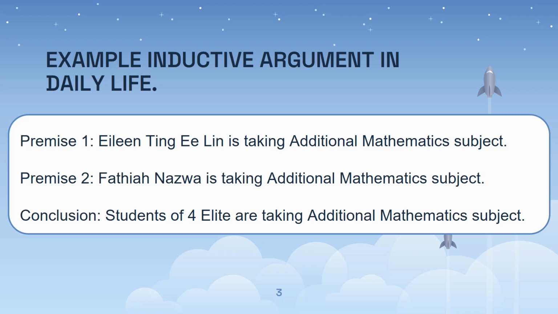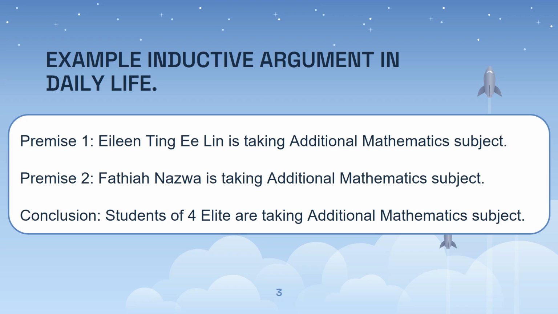Premise 2: Fatihah Nazwa is taking the additional mathematics subject. This is also a specific premise. Then we can come out with the general conclusion that students of 4 Elites are taking the additional mathematics subject.